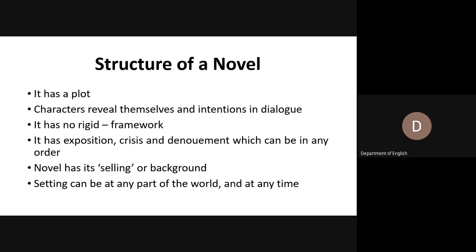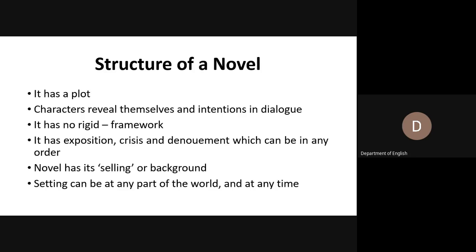Now, what is exposition? Exposition is nothing but the description and explanation of an idea. When we come to the middle of the novel, there arises the crisis. The crisis is a time of intense difficulty or danger.